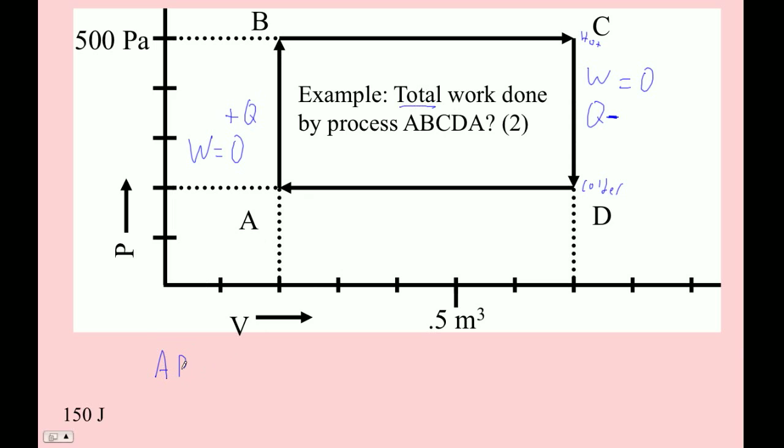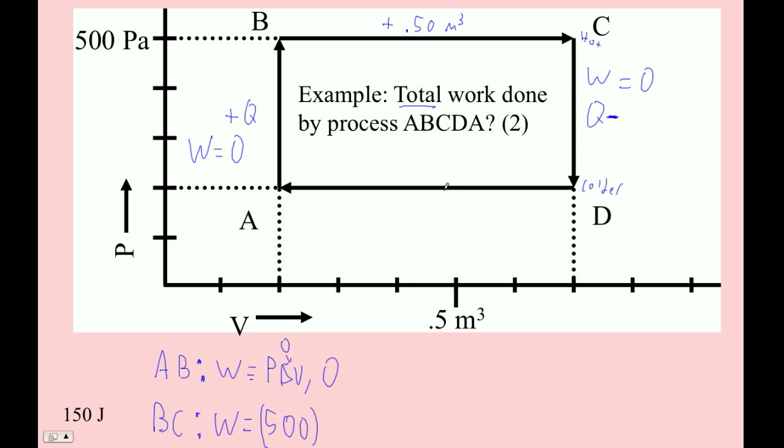Process AB, work is pressure times change in volume, but the change in volume is zero, so it's 0 joules. For BC, well, it's a different story. It's pressure times change in volume, and the pressure is 500 pascals, and the change in volume here is positive, let's see, 1, 2, 3, 4, 5, positive 0.5 cubic meters.